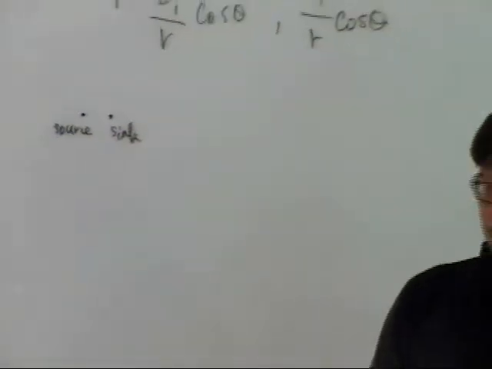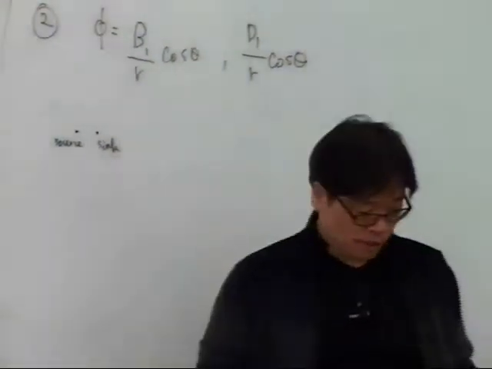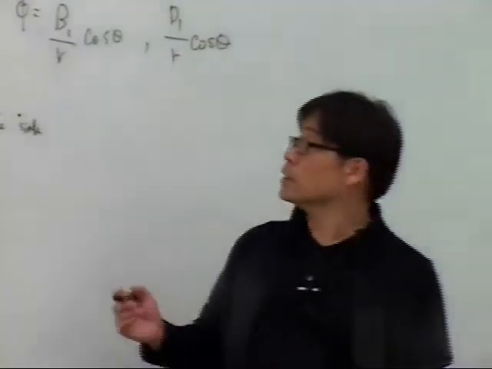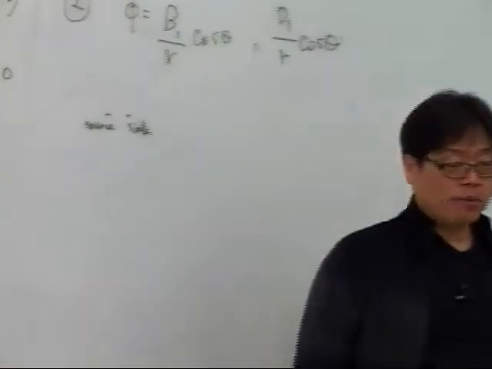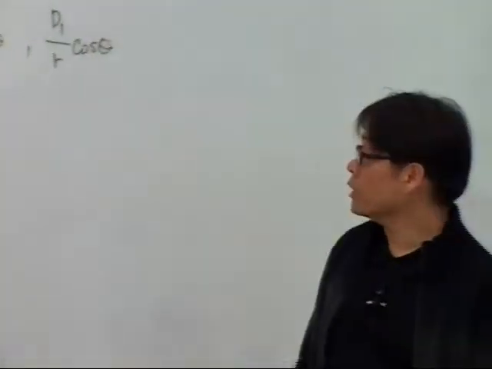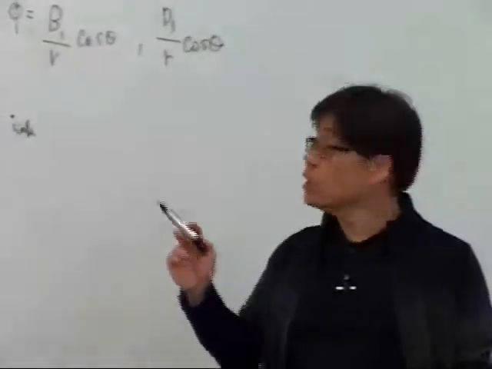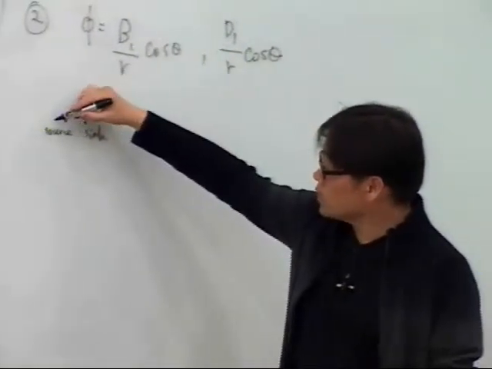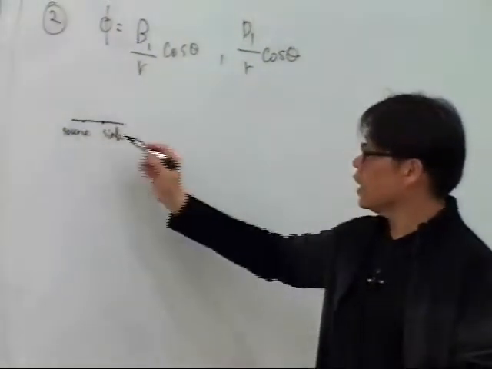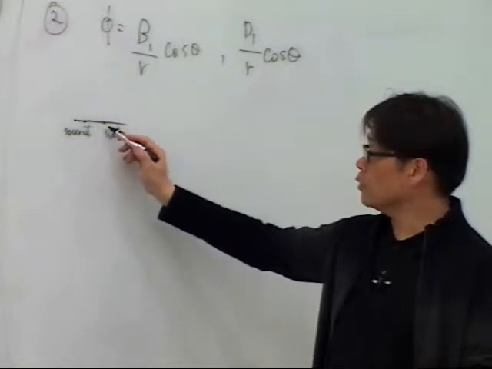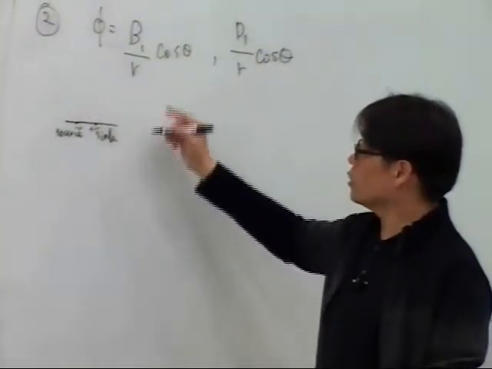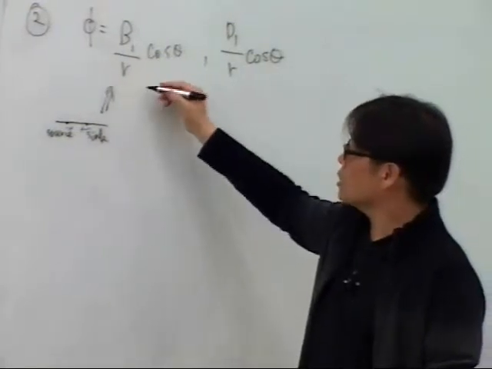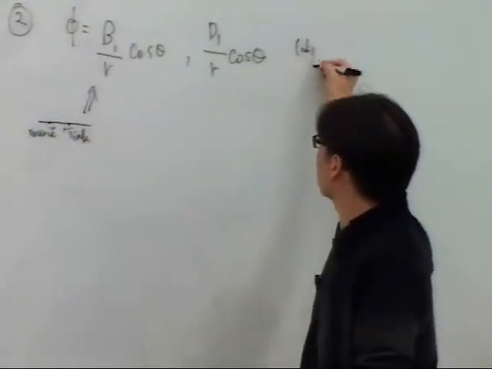But we have to take some limit such that the distance times this q is finite, and then we can construct these solutions. So if you put source and sink on the horizontal axis, and then let them move toward each other, then we could generate this. So this is a dipole solution.